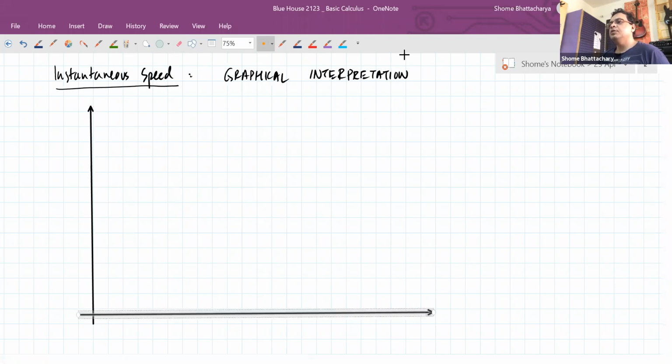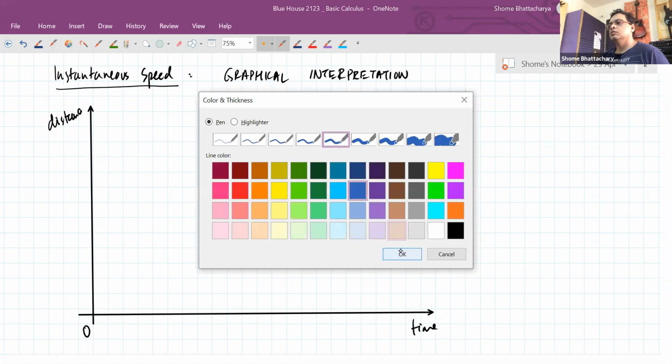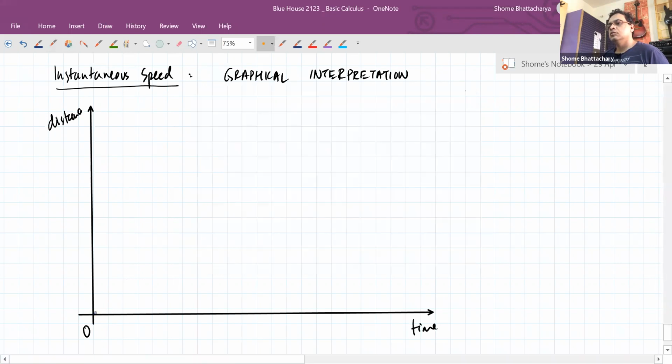So taking the same example of an object in free fall. So we want to calculate instantaneous speed at a particular instant t equal to t naught, let's say. Okay, and that time t naught is over here.